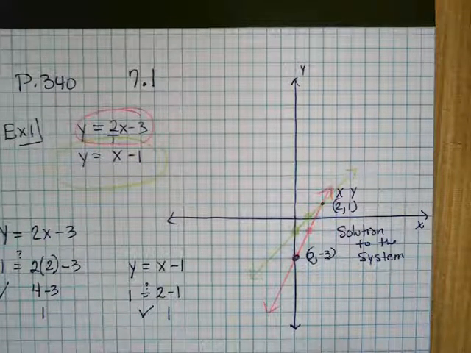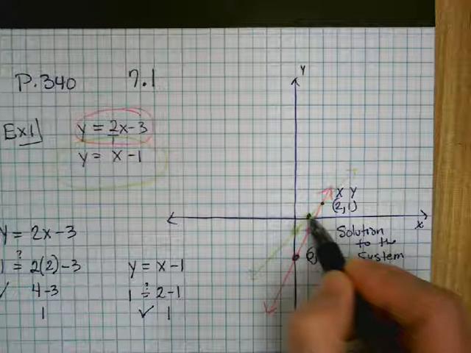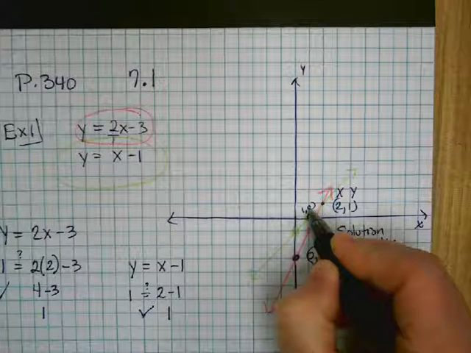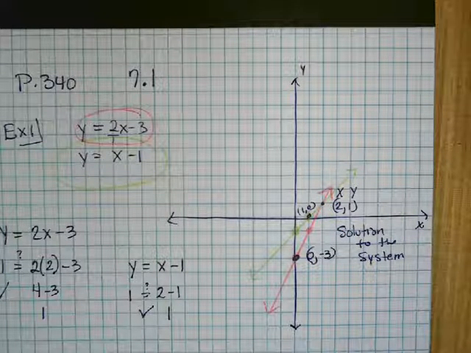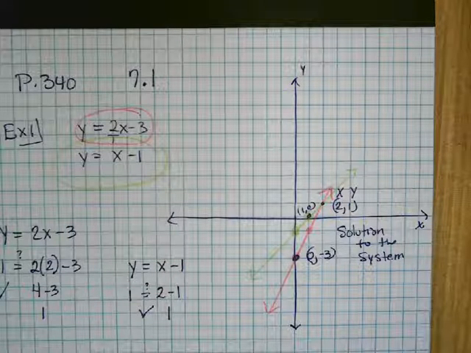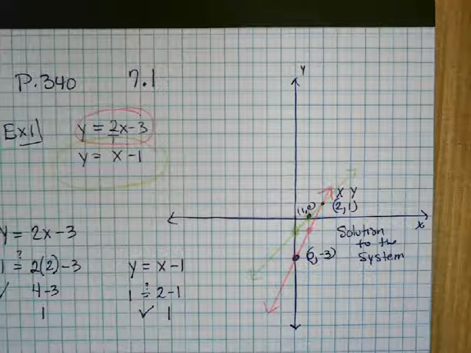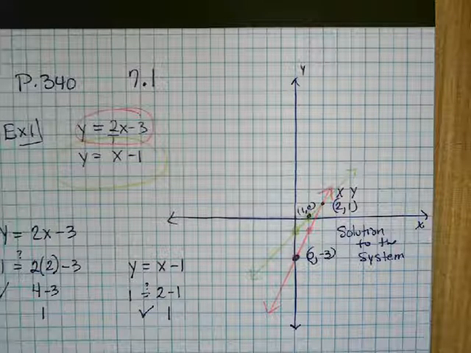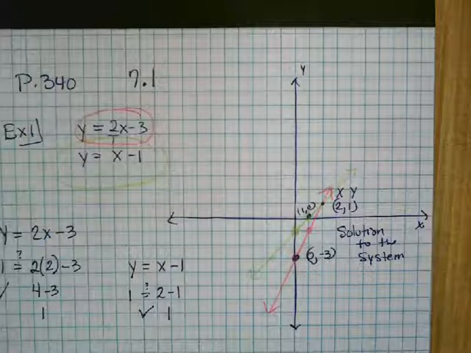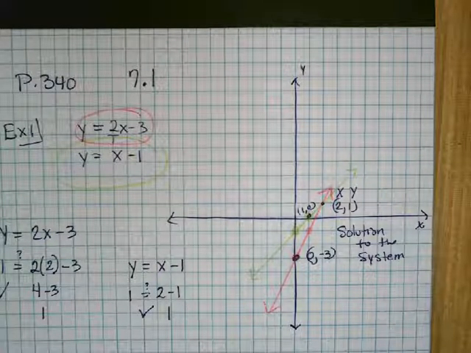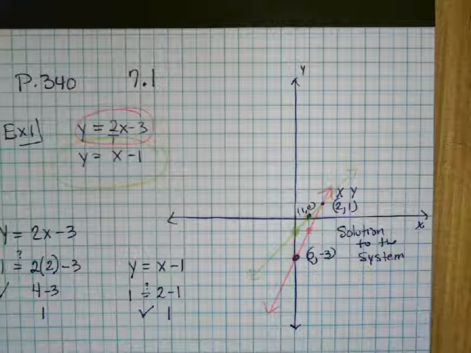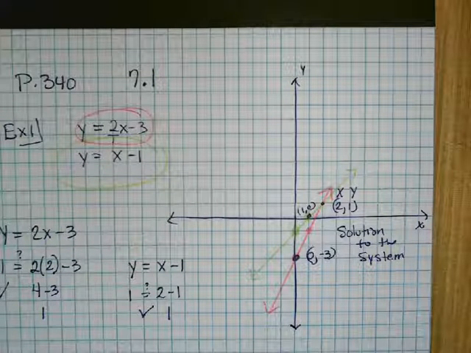I could use the point 1, 0, right here, and it would make the green line true, but not the pink. Okay? So we are looking for that one specific spot that makes both true at the same time. If you look at the graph, it's the place where they cross each other. If you look at the equations, they'll make both equations true at the very same time.